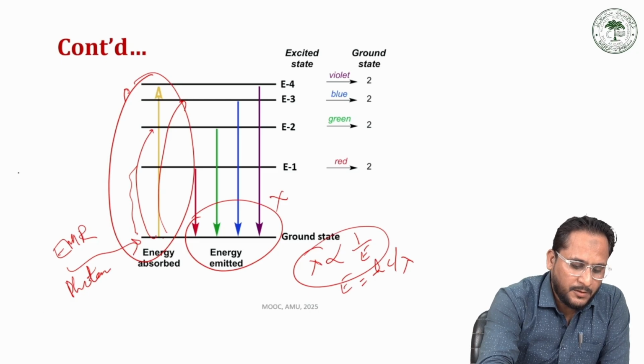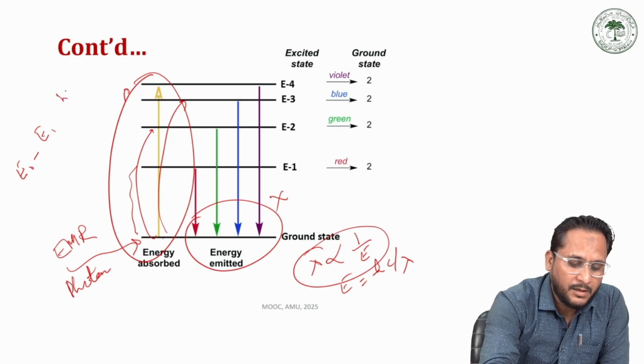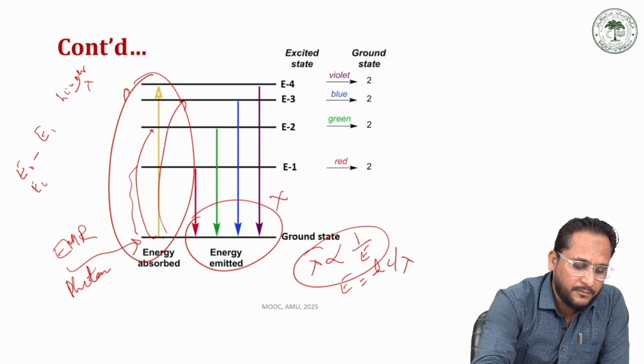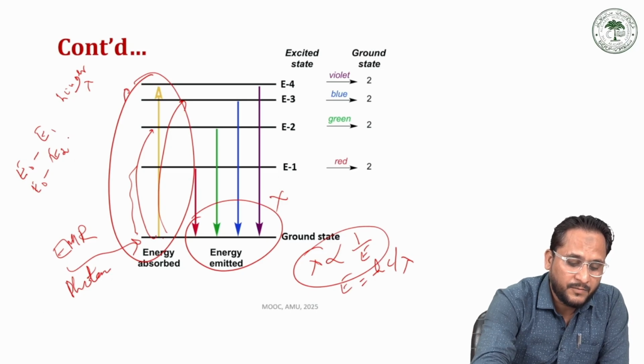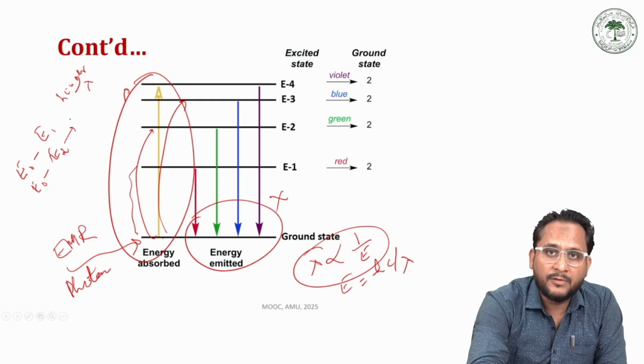So for E naught to E1, since the energy levels are close, we need a light radiation of lower energy and longer wavelength, means longer lambda. And if it is happening from E naught to E2, since the energy gap from E0 to E2 is high as compared to the energy gap of E0 to E1, we need light radiation of higher energy.